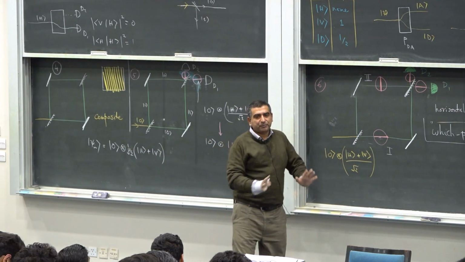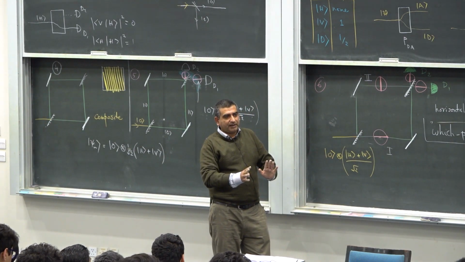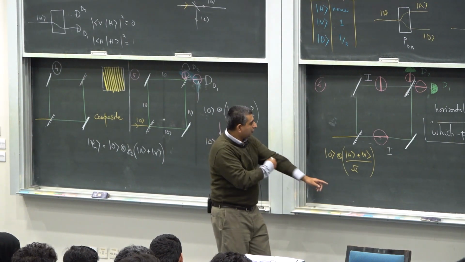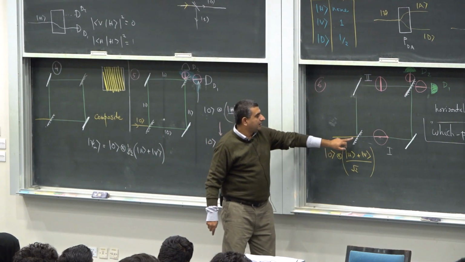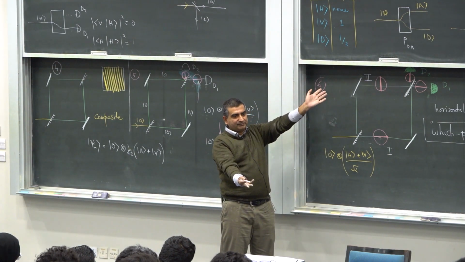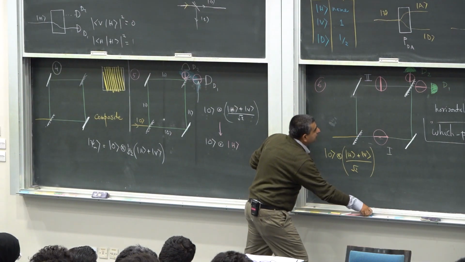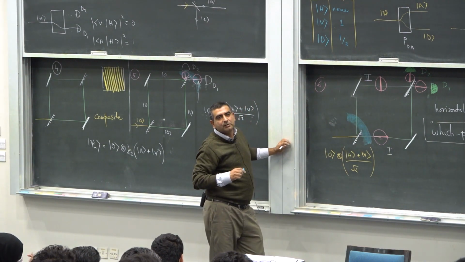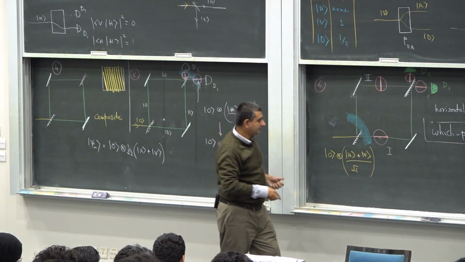Let's do a quantum state progression for this. I think it's a nice exercise. It's very easy to follow, it's actually fun. This is my input state. What the beam splitter does is create a superposition of paths. So let's look at the quantum state before the polarizers.